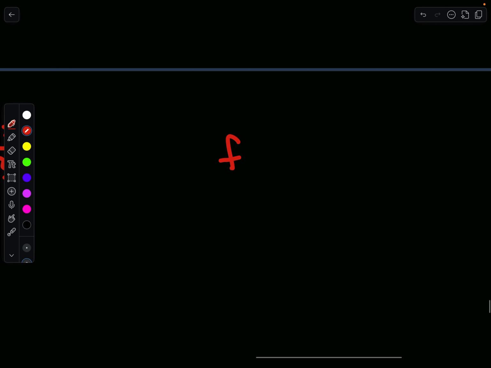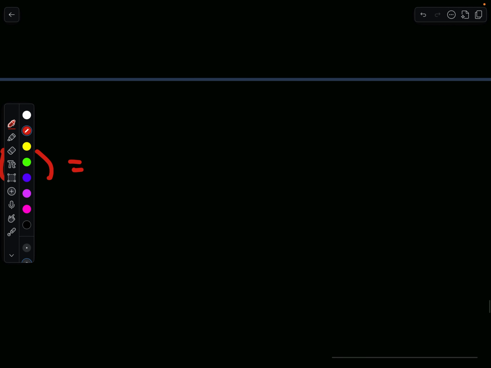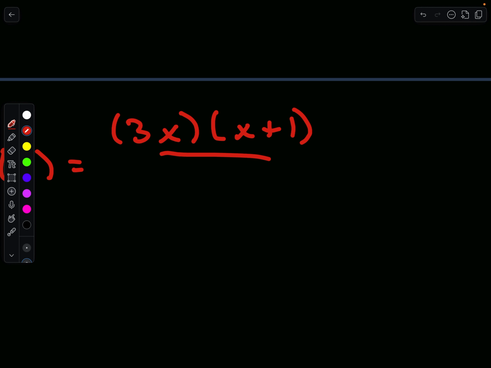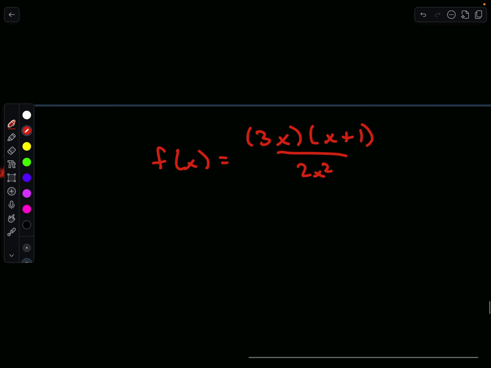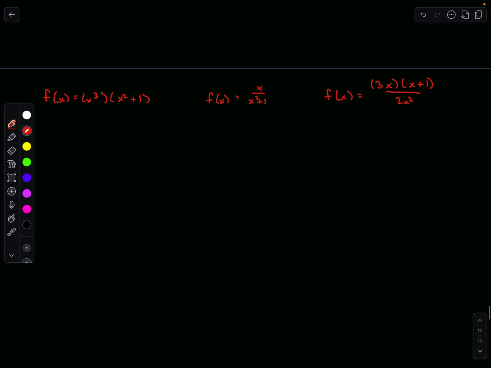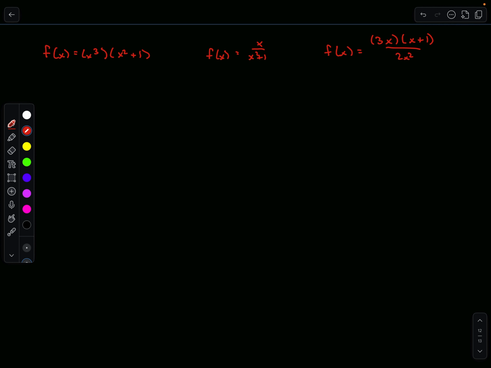And lastly, f of x equals 3x times (x plus 1) over 2x squared. So go through these on your own, pause the video, and when you're ready, we'll go through them together.